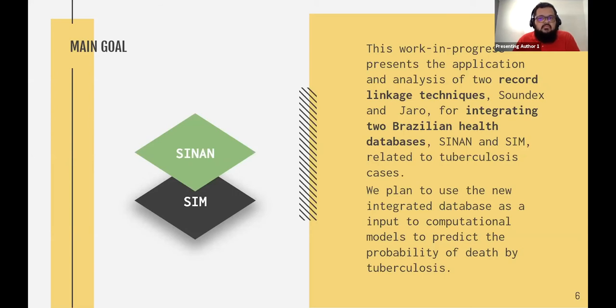These databases are in the domain of the federal government, and they do not have a unique identifier. Therefore, it is necessary to integrate the two databases so that the same person registered in one database is identified in the other. For that, we have only a few attributes available, which will be presented below. We plan to use the new integrated database as an input to a computational model to predict the probability of death by tuberculosis.